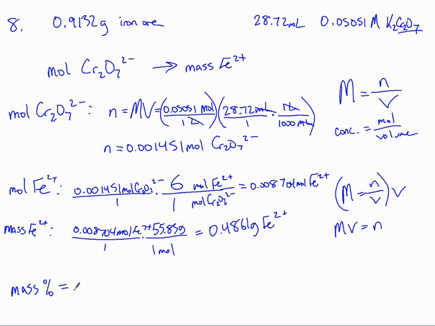So your percent by mass is going to be this number on top, the amount of iron, divided by the mass of the entire piece of ore, which is at the top, 0.9132. Label it ore.